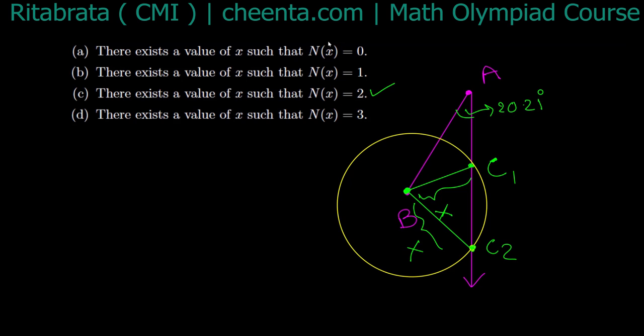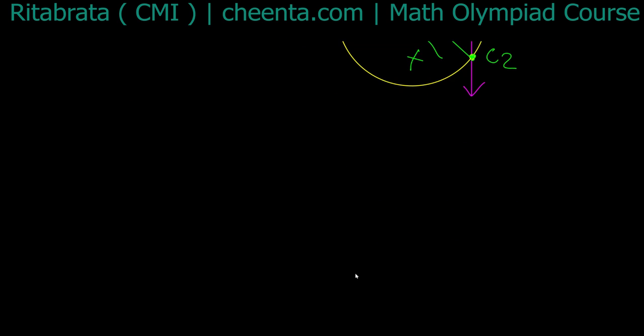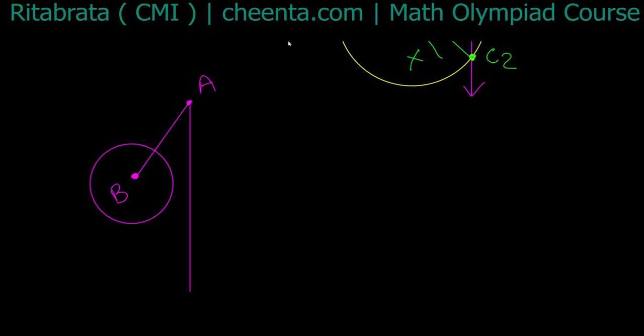So based on this construction, we try to generalize these things. In general, I have one segment and one ray. This is B, and for a particular x, I will draw a circle centered at B of radius x, and I will see at how many points the circle cuts the ray, because to get a triangle, the point C must be on this.